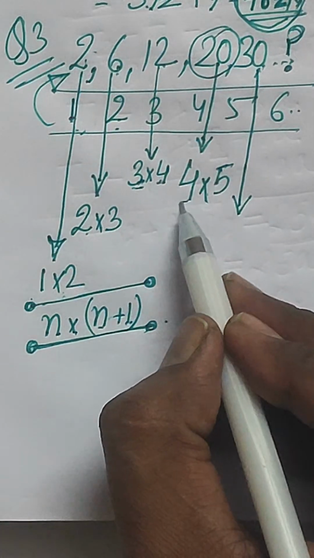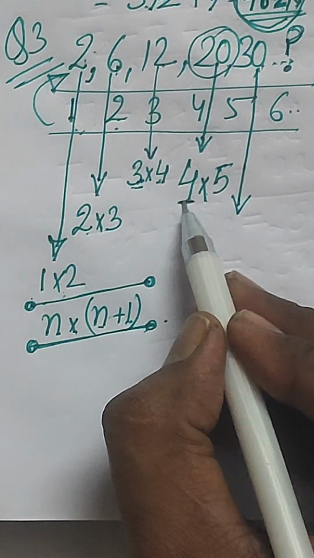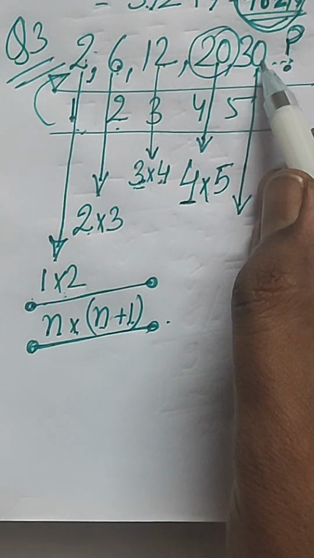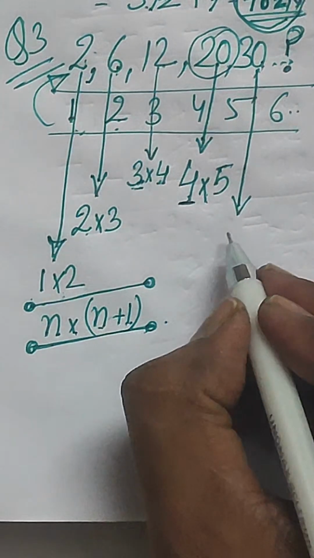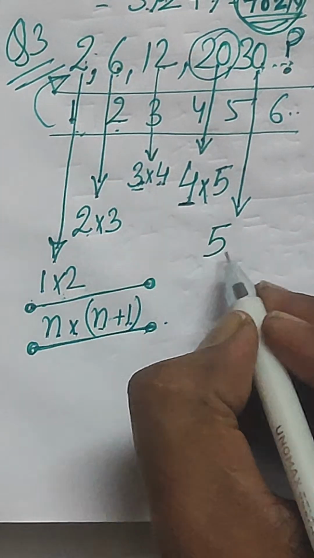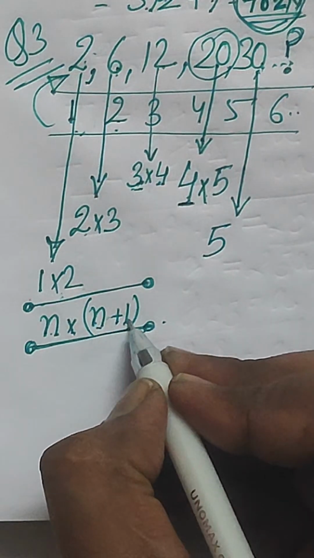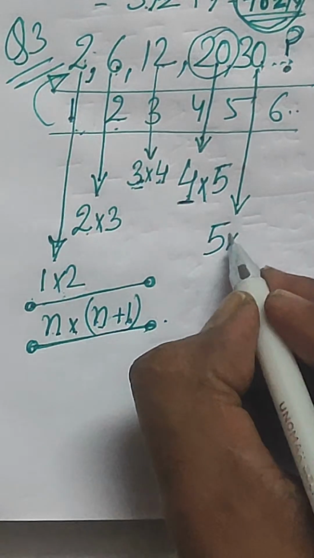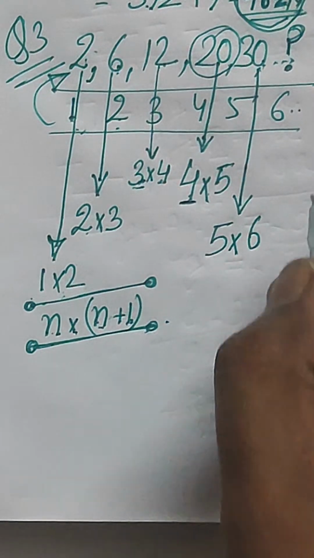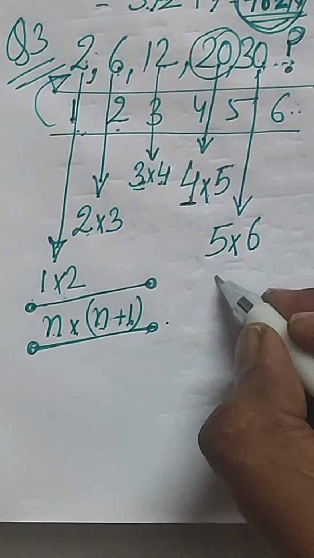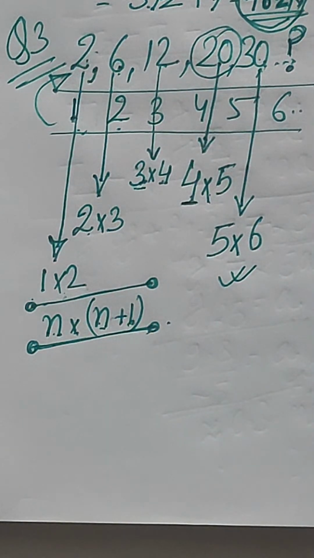We have taken till n equal to 4. Now this is the consecutive term, so this time we will take 5. So 5 into 5 plus 1 will give you 5 into 6, so that will be coming as 30. Perfectly fine. This option is correct.